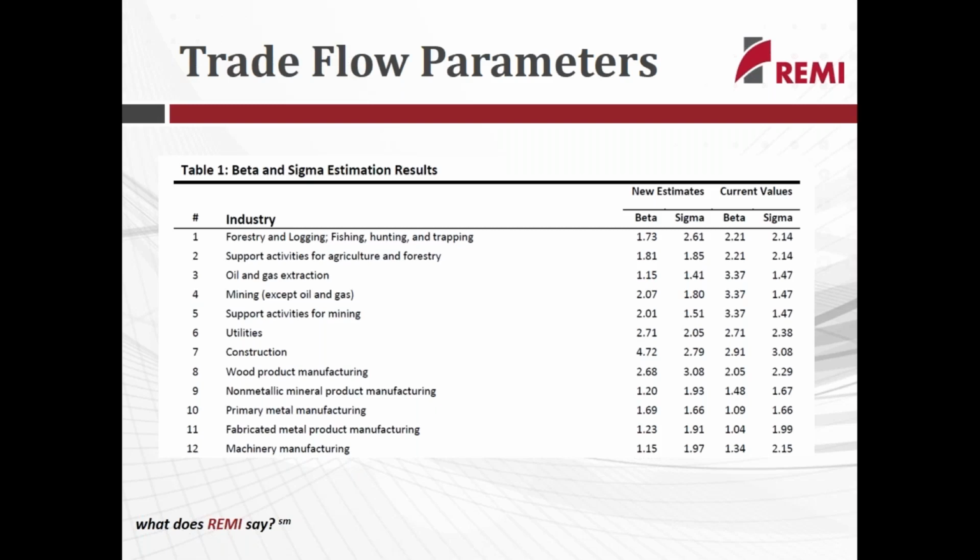The sigma values actually correspond to the price elasticity of demand by industry. So this is basically the effect, for a certain dollar of price change, of how much we expect the demand by a region for another region's exports to decrease.